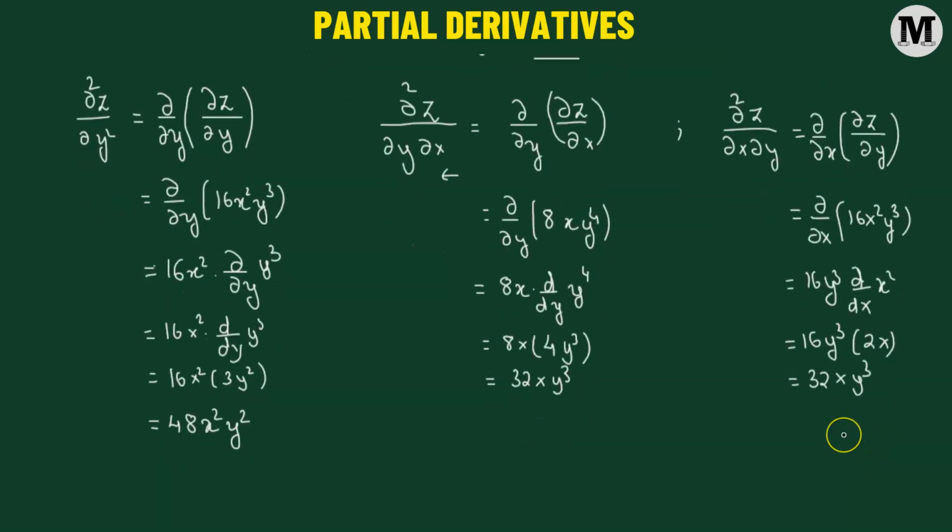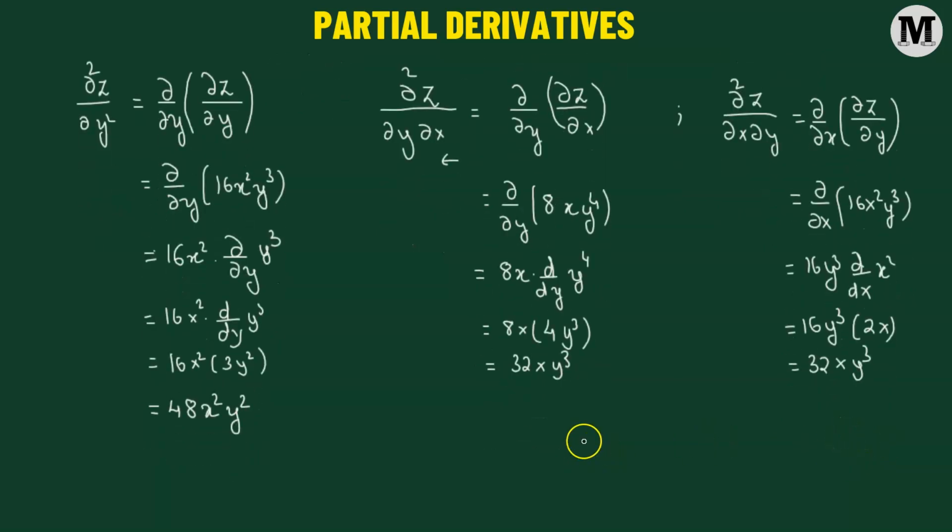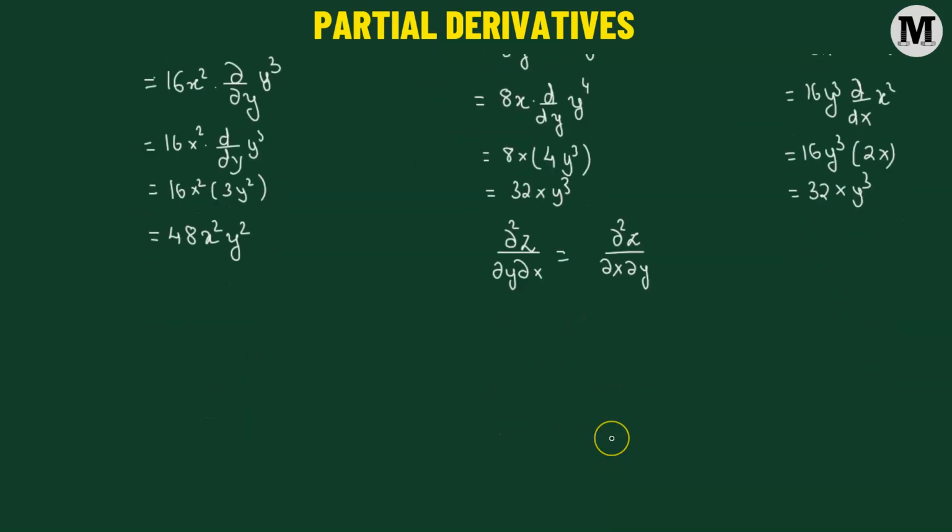Now here we have an interesting result. We see that the second partial derivative of z with respect to x followed by with respect to y is equal to the second partial derivative of z with respect to y followed by with respect to x. This is true because the function z is a continuous function.